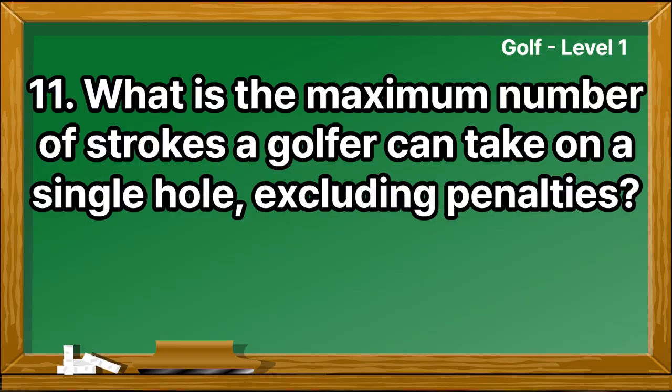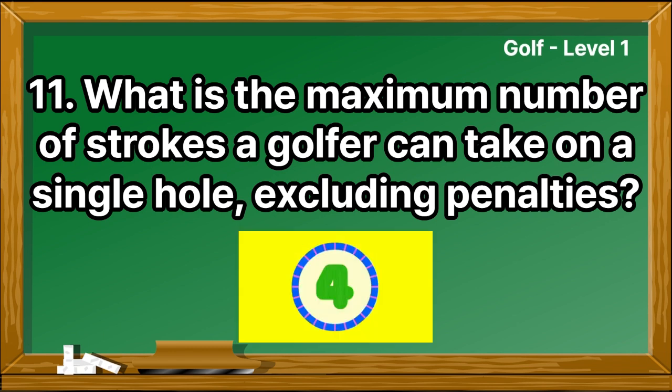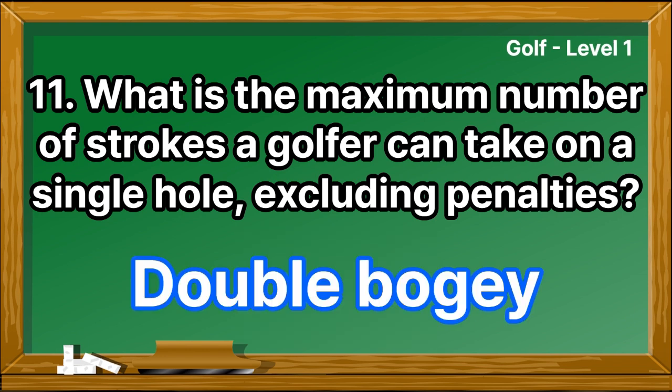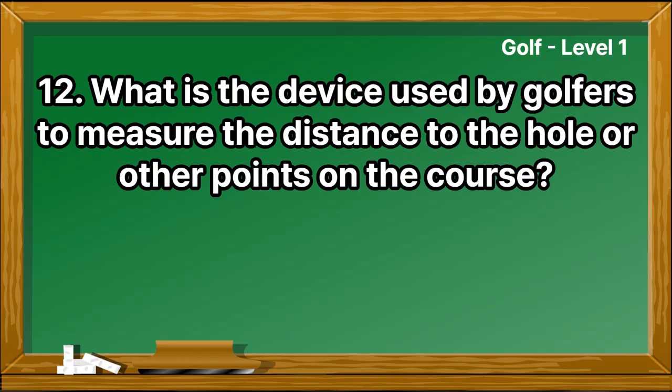What is the maximum number of strokes a golfer can take on a single hole, excluding penalties? Double bogey. What is the device used by golfers to measure the distance to the hole or other points on the course?